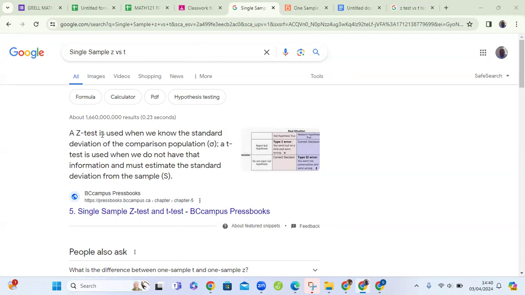But it says the Z-test is used when we know the standard deviation of the comparison population, that is sigma. A t-test is used when we do not have that information and must estimate the standard deviation from the sample. So if you do not know the population standard deviation, then you opt to use the t-test. So that's what we are going to do.